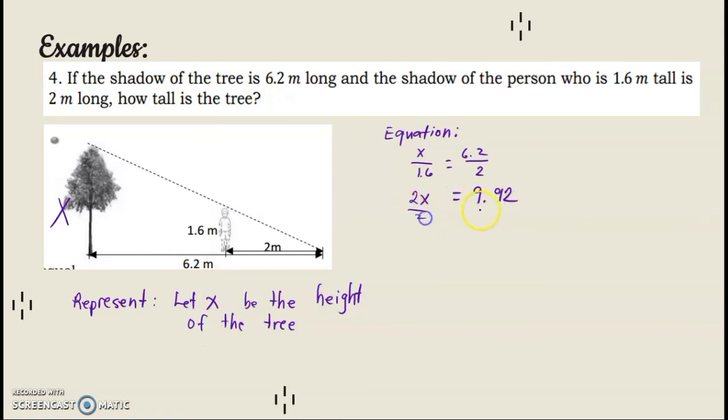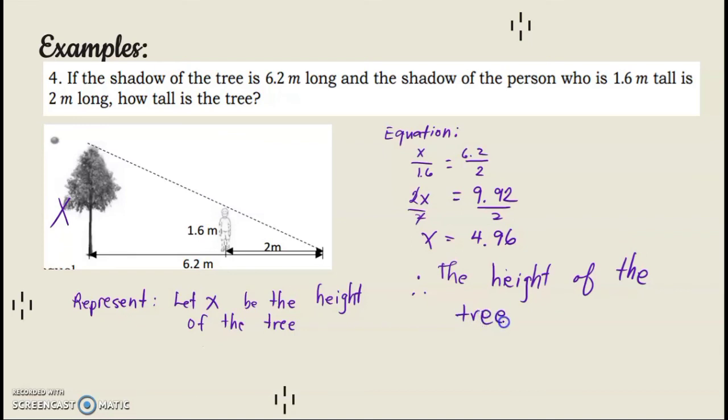So divide both sides by 2. So x is equal to 4.96. So therefore, the height of the tree is 4.96 meters. Don't forget yung units natin.